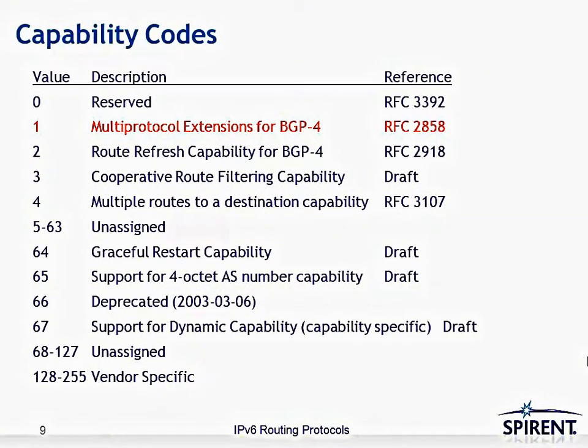The capability code value 1 is what's used when we're wanting to carry IPv6 routes in the BGP session. So capability code value 1 is multi-protocol extensions for BGP, and it's defined by RFC 2858.